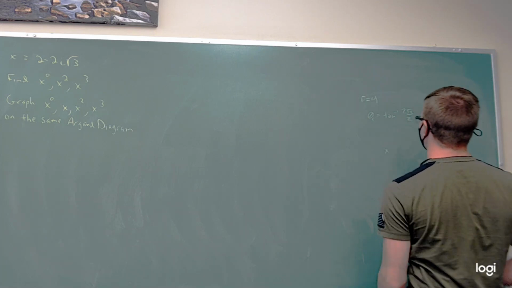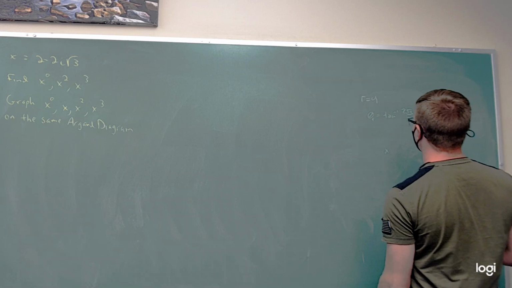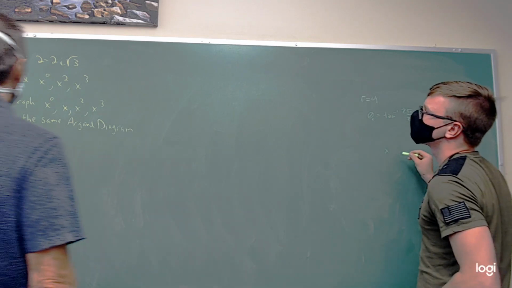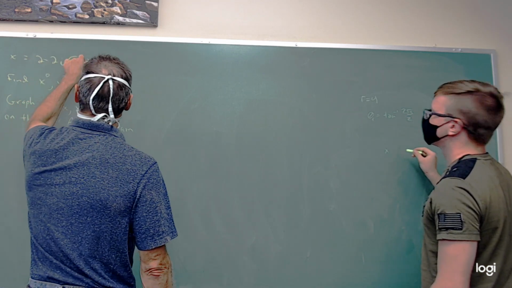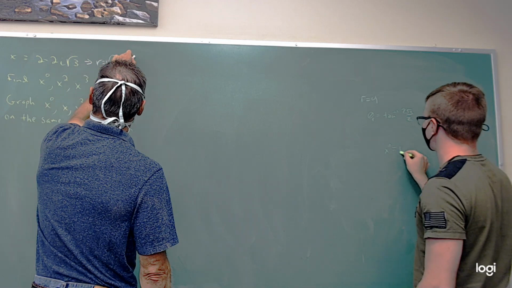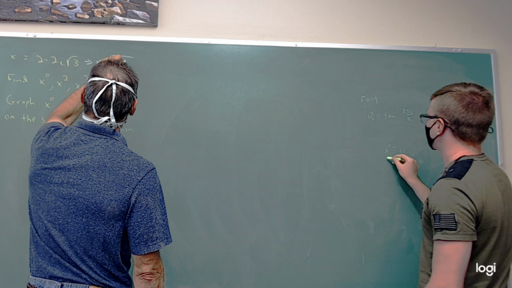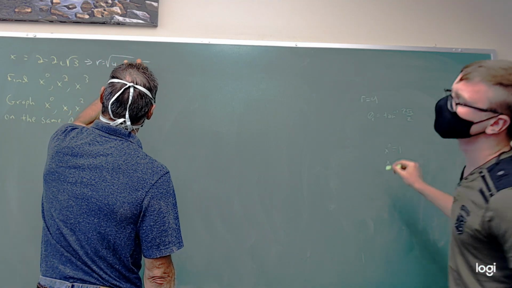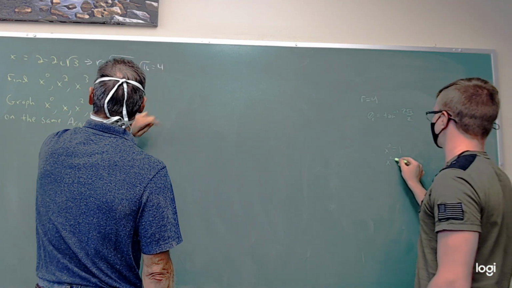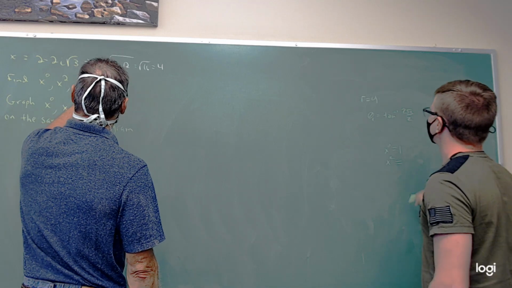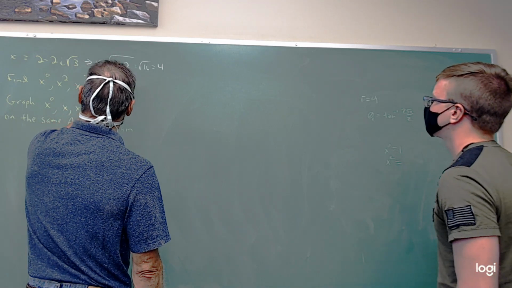Tangent of negative square root of 3, so that should be 3 over 3. 16. Inverse tangent.